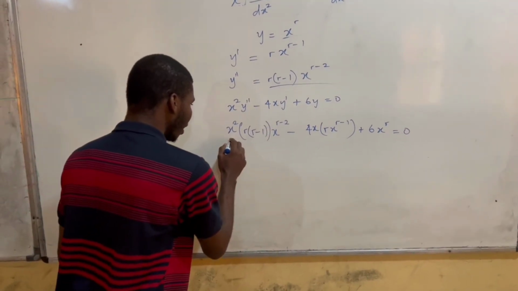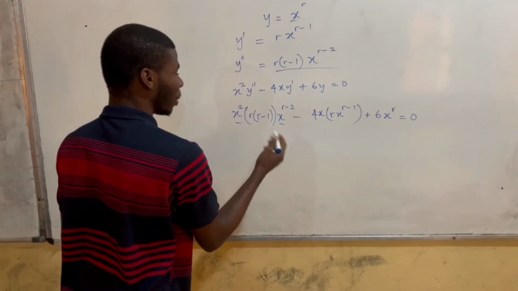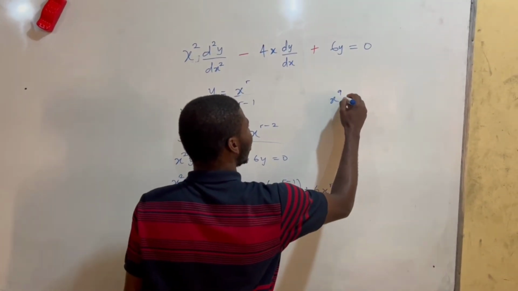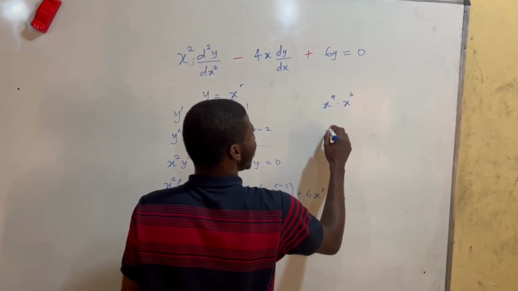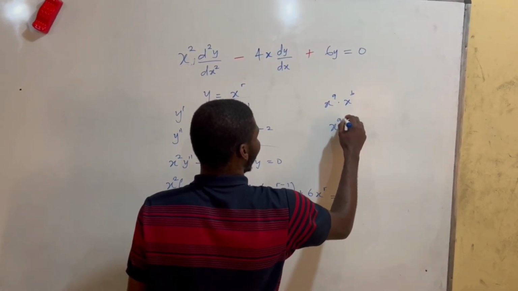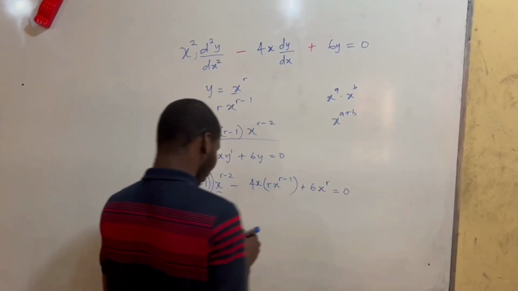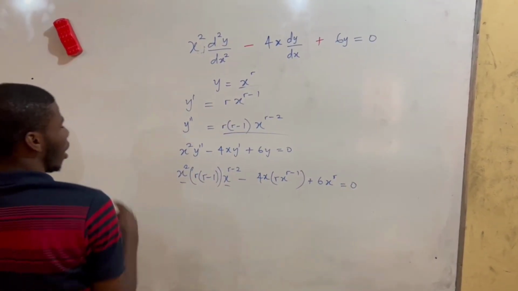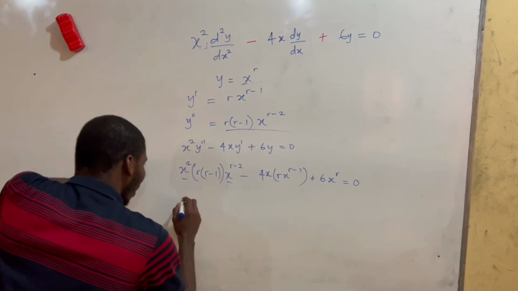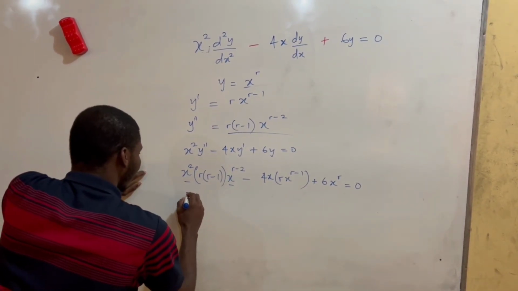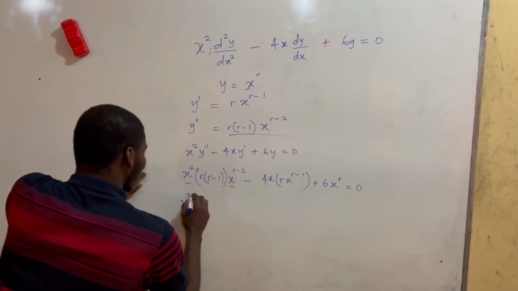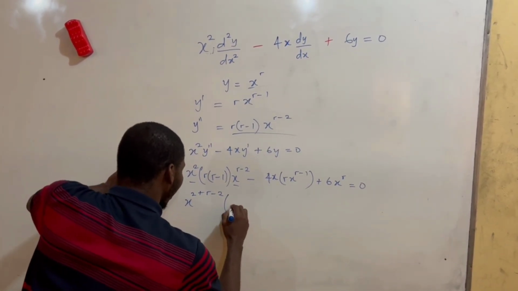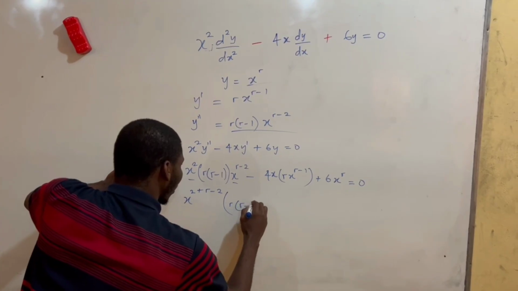Now we have x squared, we have x here, which are multiplying the same thing. From laws of indices, we know that x to the power of a multiplied by x to the power of b can simply be written as x to the power of a plus b, right? So we are going to apply this rule over here because we have x squared and x to the power of r minus 2. You can just combine these, r minus 2 plus 2, then multiply by r minus 1.